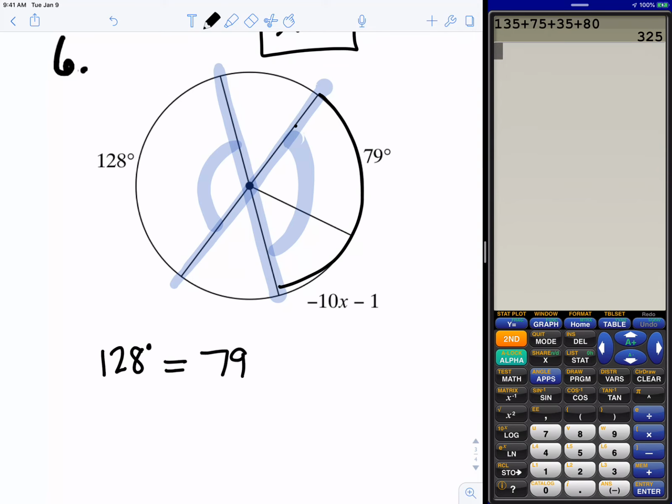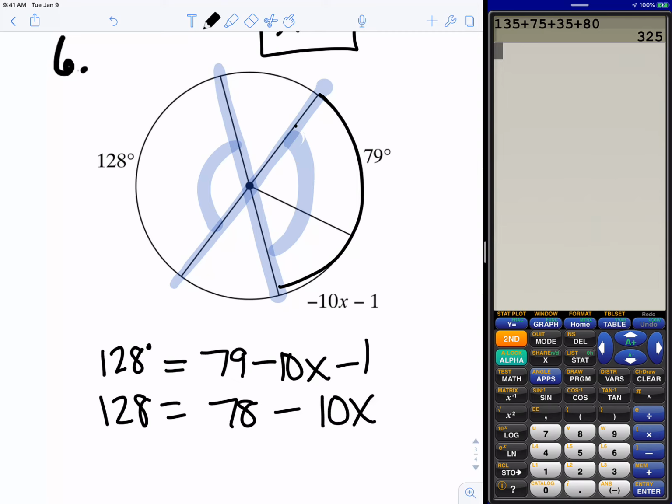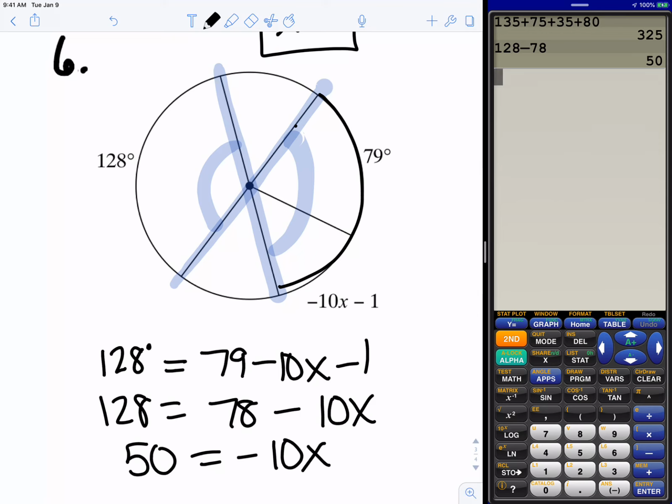So 79 added to a negative 10, so that's minus 10x minus 1. So we have 128 equals 78 minus 10x. 128 minus 78 leaves me with 50, so I have 50 equals negative 10x. Divide by negative 10, x is negative 5.